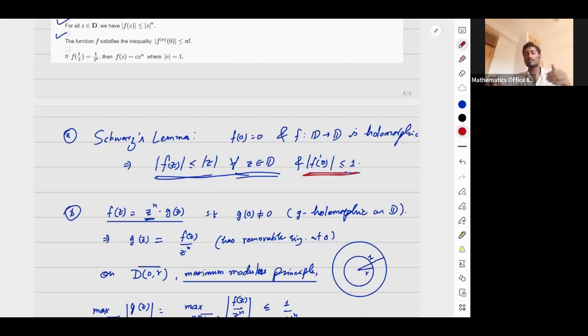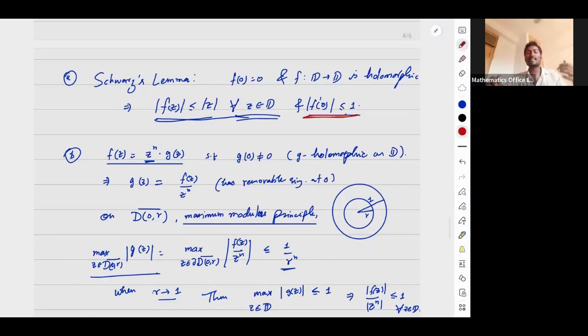So here, because it has n roots at 0, we have already seen this format, z to the power n turns out to be one of the coefficients of the function f. So g is a constant lambda with modulus exactly equal to 1, right? But we have to see the proof of this.